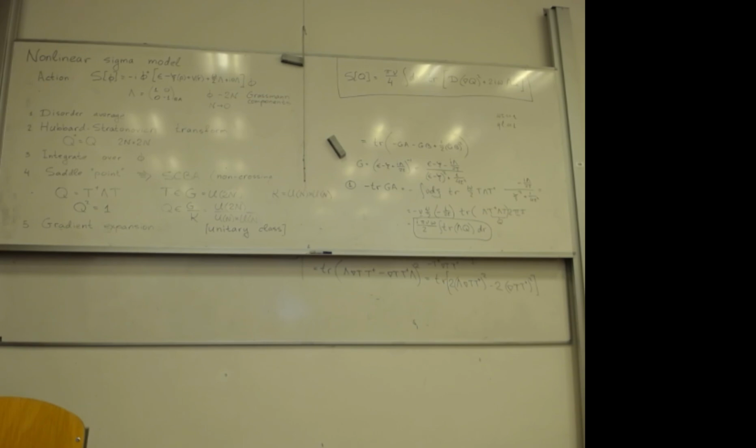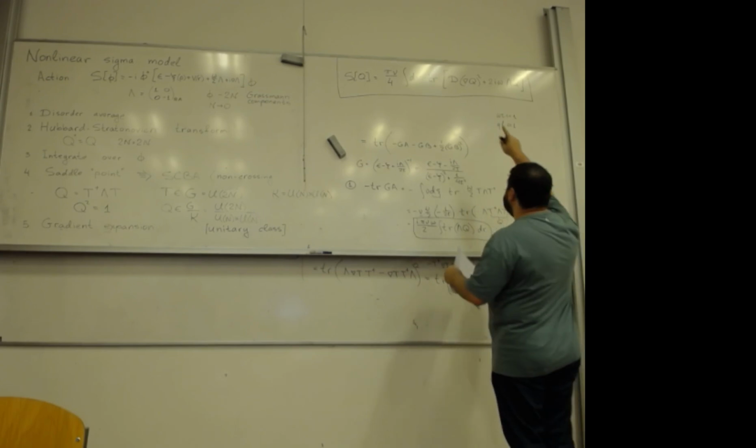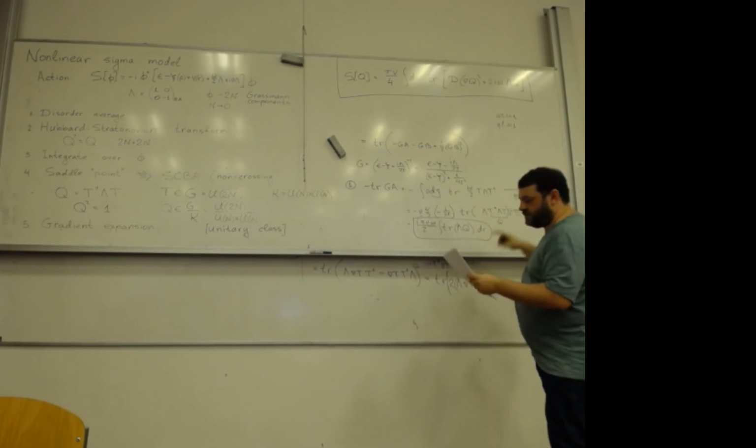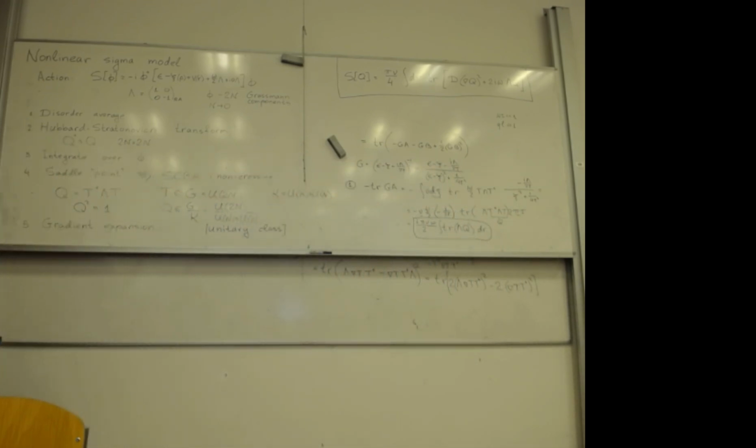Okay, so this is a nonlinear theory that has parameters, diffusion constant, omega inside, and of course we cannot solve it exactly because it's non-linear.